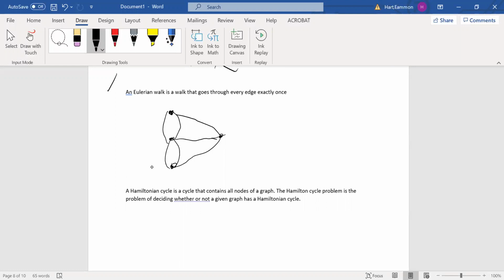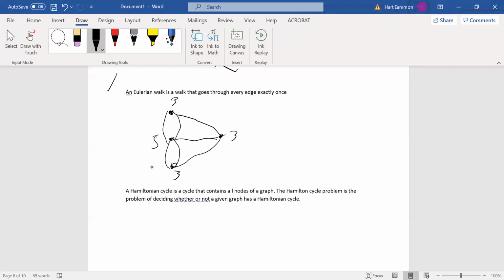And the reason is, well, what's the degree of this vertex right here? This is degree 3, this is degree 3, this is degree 3, and this one right here is degree 5. Turns out to have an Eulerian walk, we have to have at most 2 vertices of odd degree, because we need every single vertex to have the same number of ins as it has outs, except for the first and last.